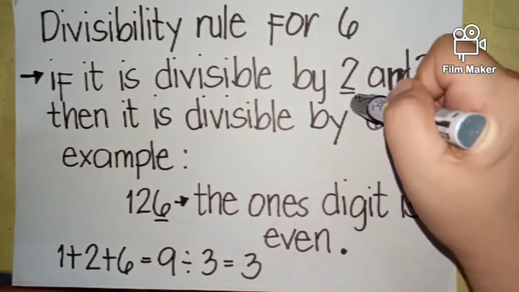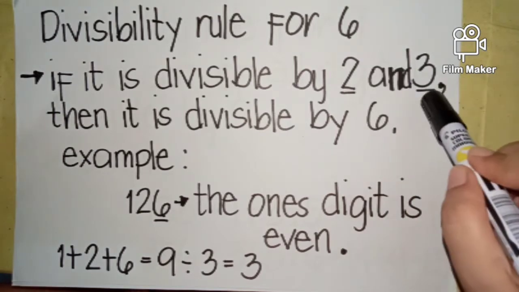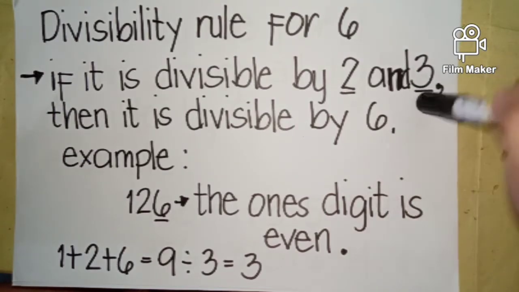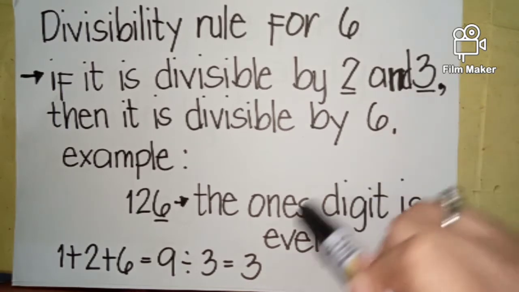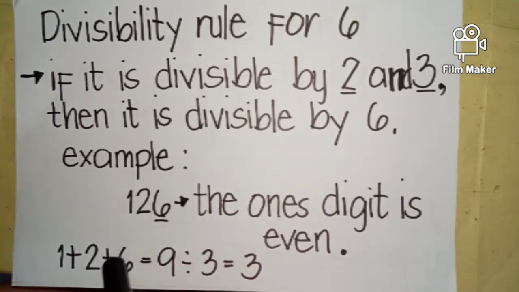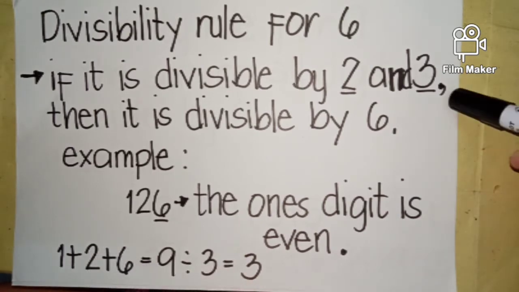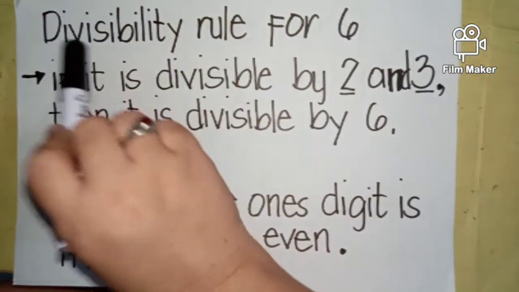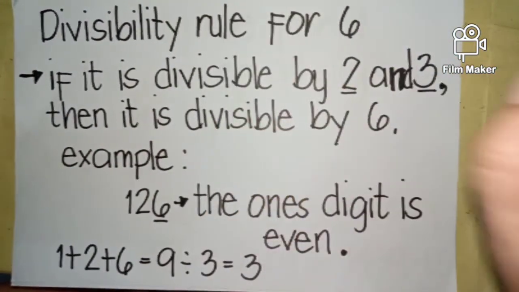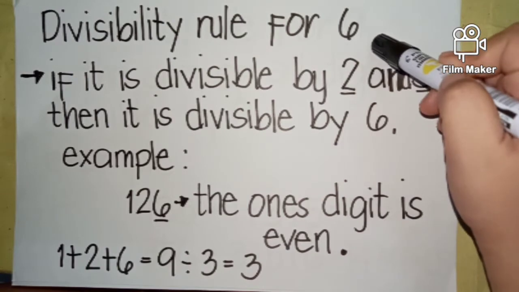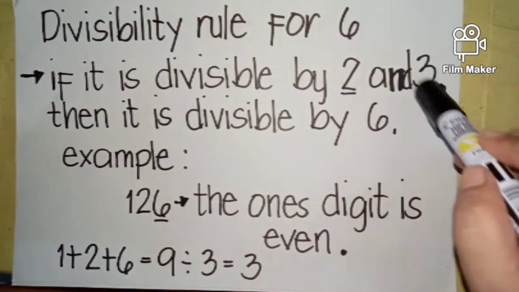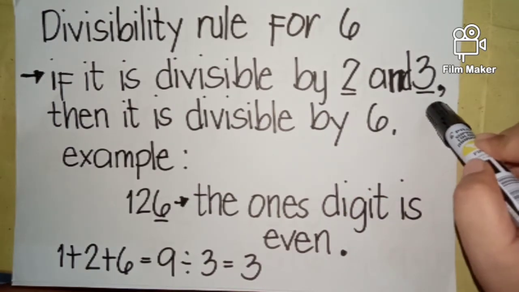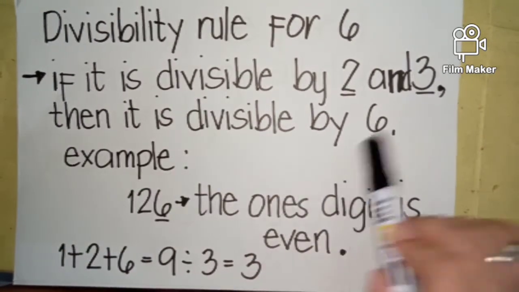And the rule for divisibility of 3 is that we add the digits of the given number and divide by 3. If it can be divided by 3, then it is divisible by 6 because it is divisible by both 2 and 3.